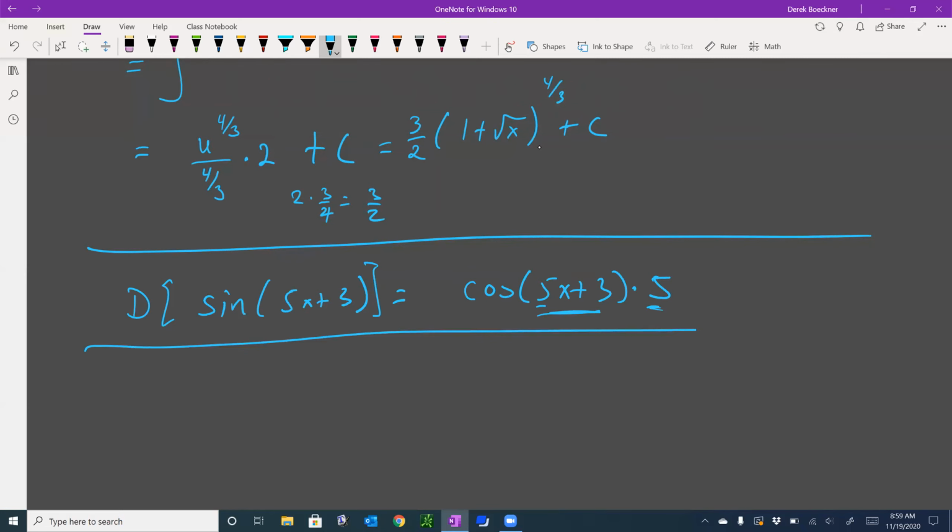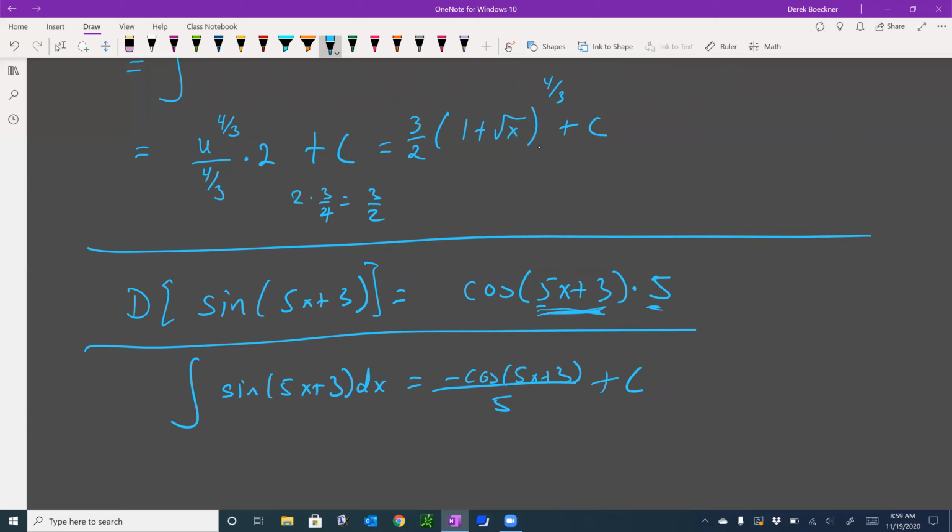So let's say I'm trying to take the integral sine of 5x plus 3 dx. Well, the antiderivative of the sine is the minus cosine, 5x plus 3. And then I have to divide by 5 because of the chain rule bit plus the constant.